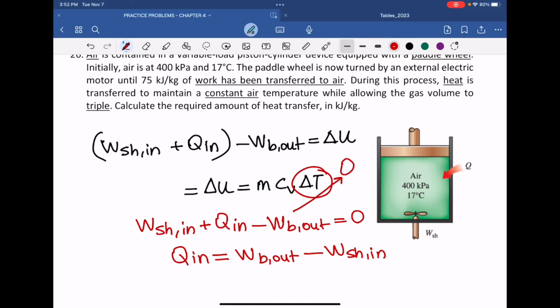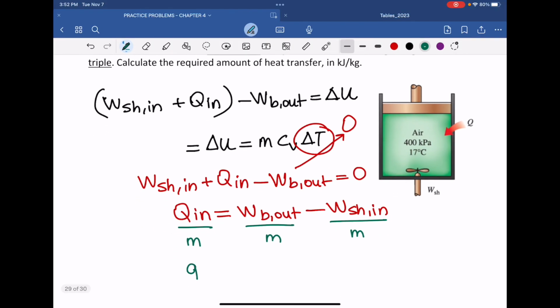Okay, what we can do is, on a per unit mass basis, divide each term by mass here, and it will make our energy balance this way.